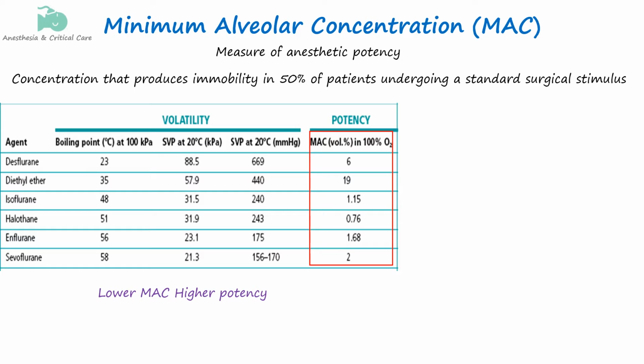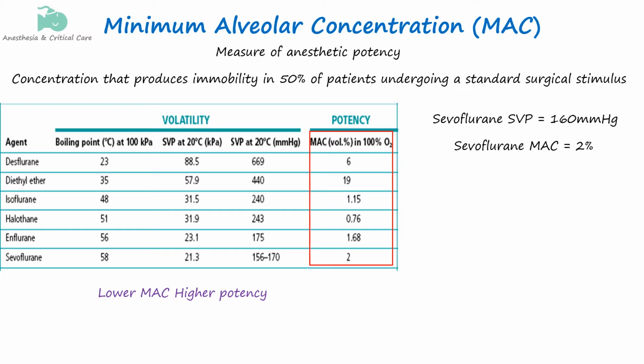Let's take an example of sevoflurane, which has an SVP of approximately 160 mm of mercury at 20 degrees Celsius. Sevoflurane's MAC is about 2%, meaning it is potent enough to induce anesthesia at this low concentration in the alveoli.